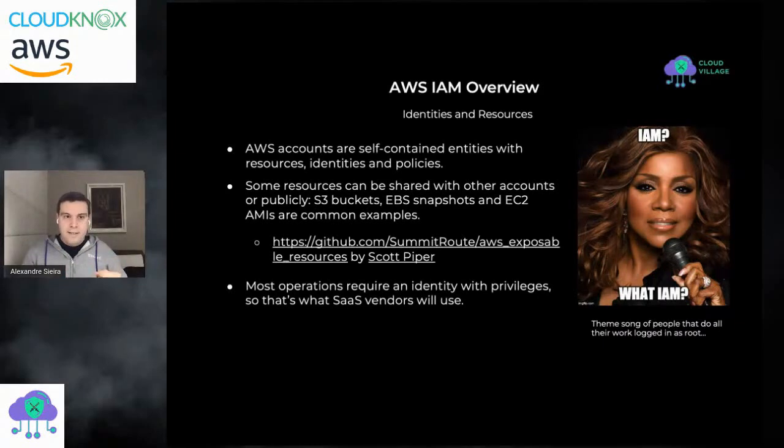The identities exist within the account. The privileges that they have exist within the account. And the resources they access, the APIs, the actions they execute, all live within an account. It's not possible directly for one, say, IAM user to action something on another account, right? Everything that happens typically happens inside a single account.